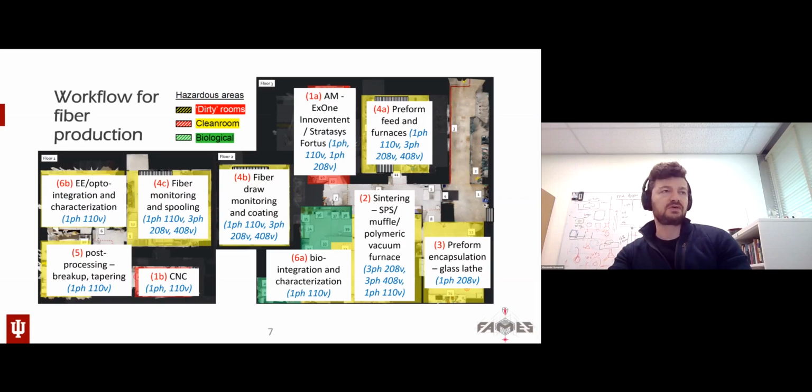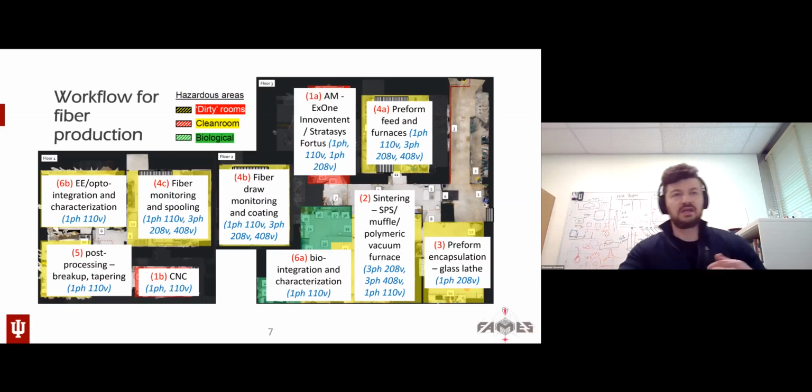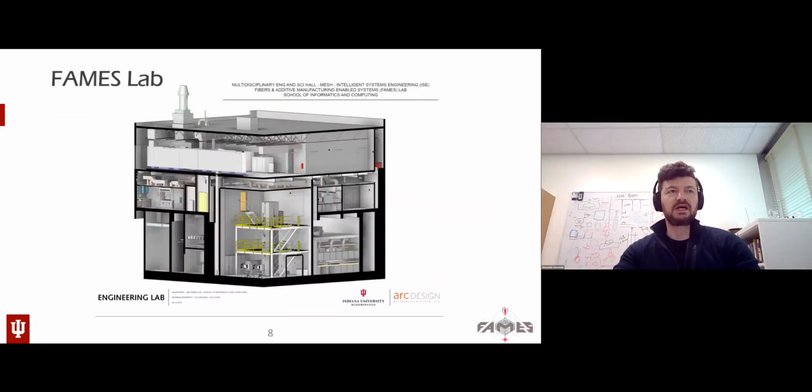And we can also characterize it for its electronic and optoelectronic performance. So you have a multi-step workflow where every next step depends on the success of a previous step. So you have complex hierarchies of the workflow.